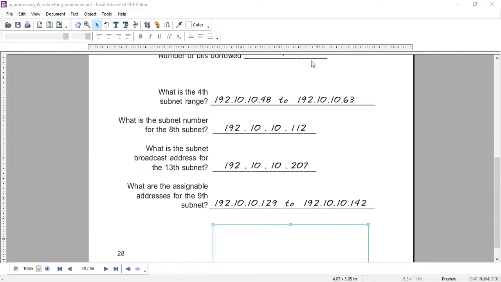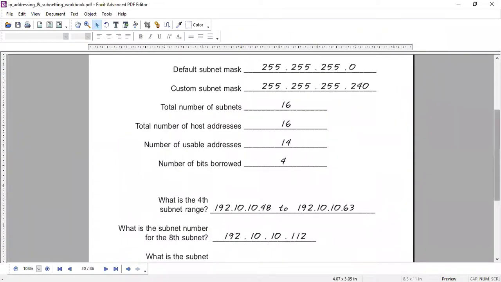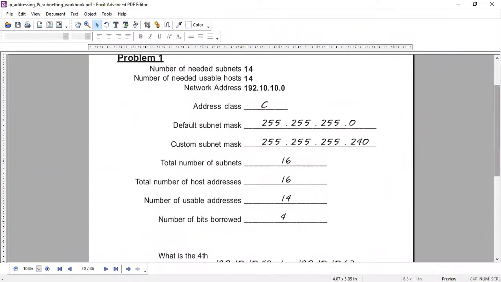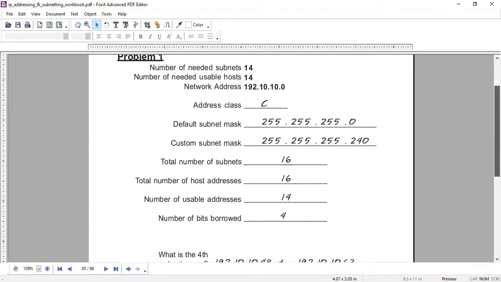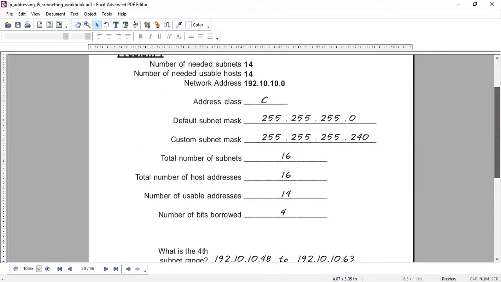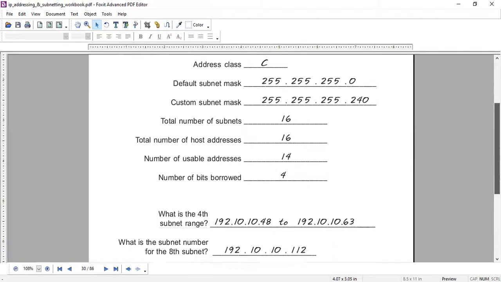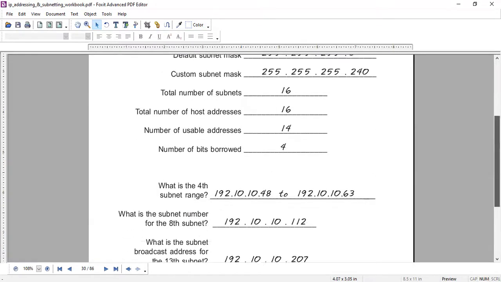They are asking the ninth one. Our first network address is 192.10.10.0, and now we know each subnet can have 16 hosts.